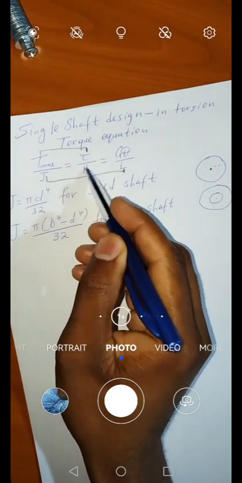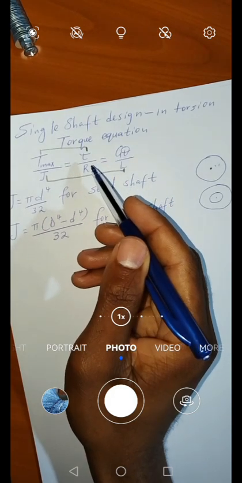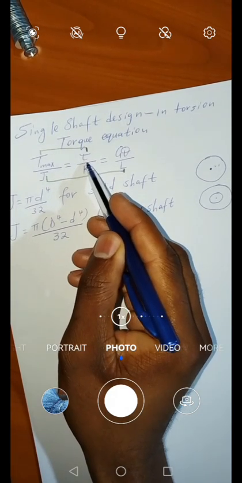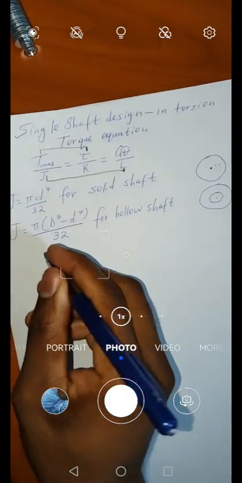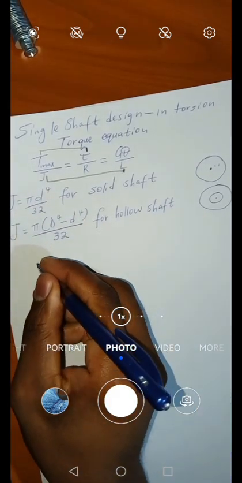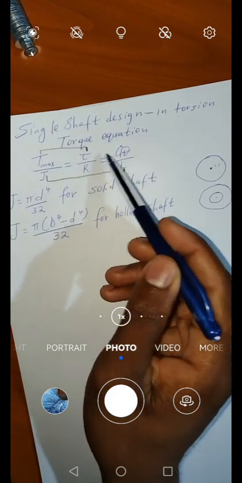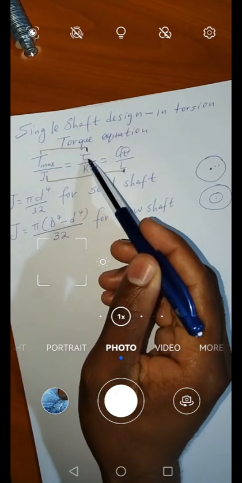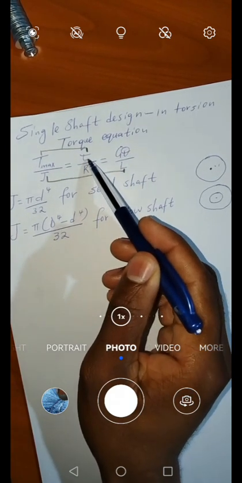You can equate this and this, you will get the same answers, but according to the concept or principle, we are not advising you to equate this one and this one. Based on what? Based on this. If you equate this and this, you will have the shear stress, you will have the angle of twist. So both shear stress and the angle of twist, to be there, they have to have a torque.